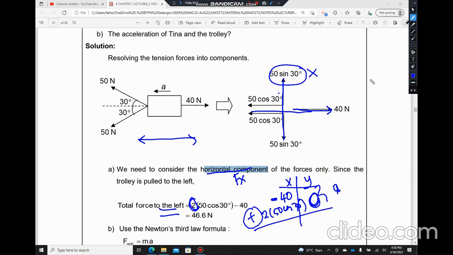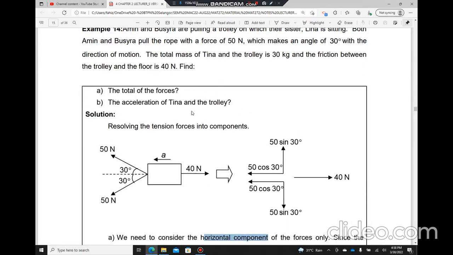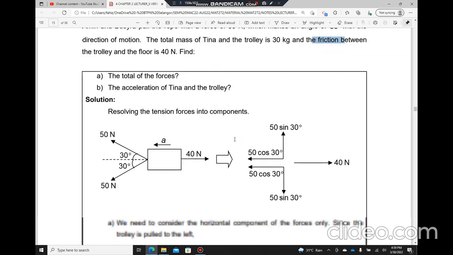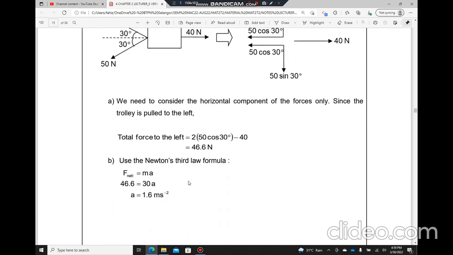Okay, so yang ni, tapi kena baca betul-betul lah case dia kan. Sebab dalam case ni, dia just melibatkan trolley kan. Pull the rope, tarik tali tu kan. So then dia ada friction ni, dari geseran antara trolley. Okay, then use the Newton's second law formula, F equals to ma.